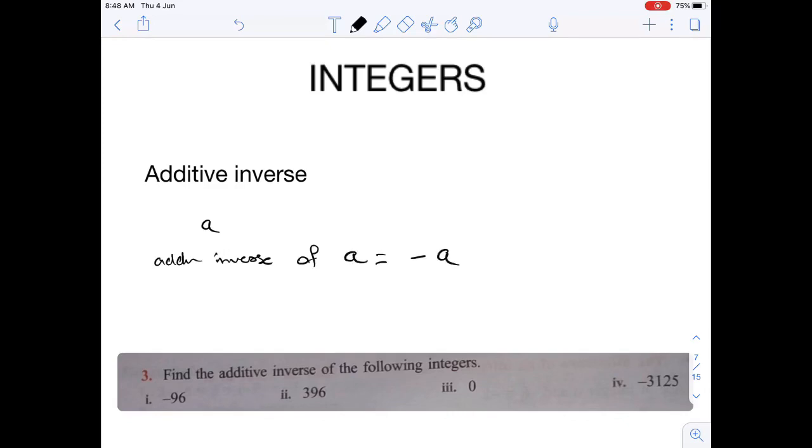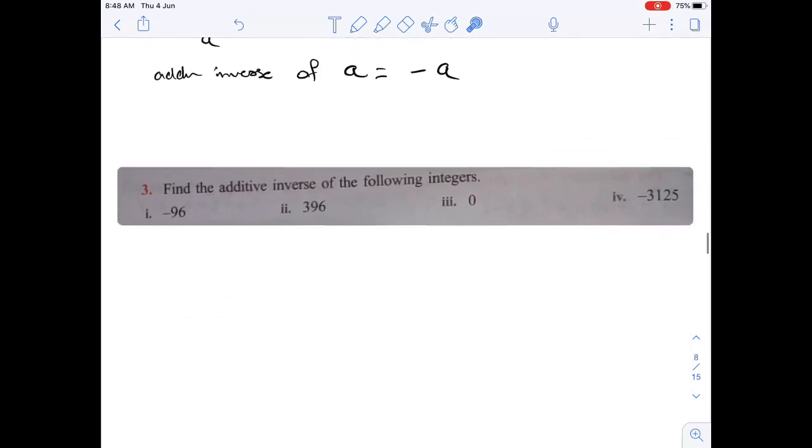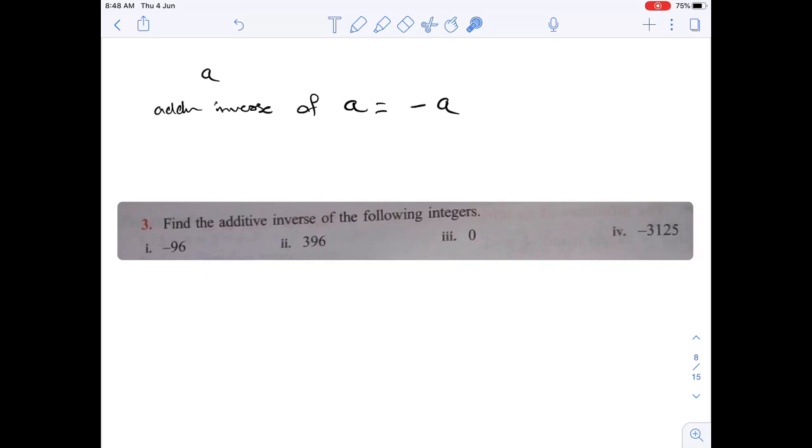Similarly, we can write the additive inverse of any number. The only thing is that we have to change its sign. If plus is present we write minus, and if minus is present we write plus. For example, write the additive inverse of minus 25.